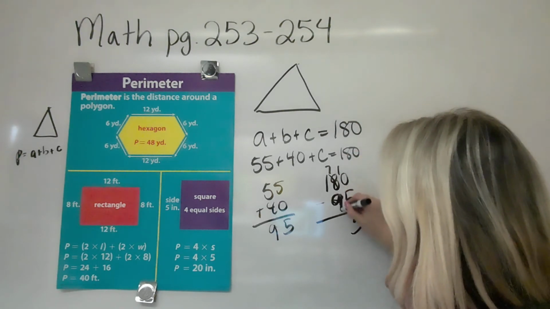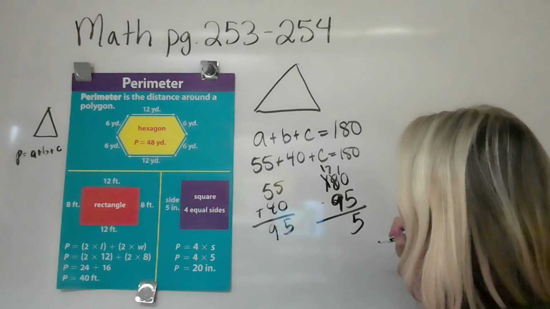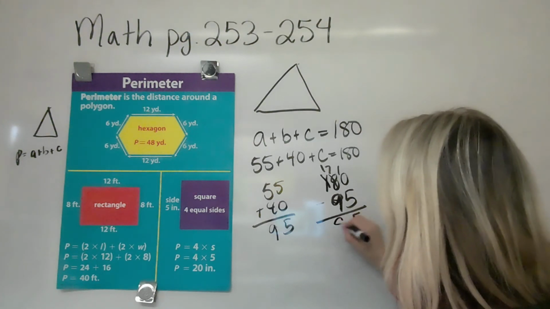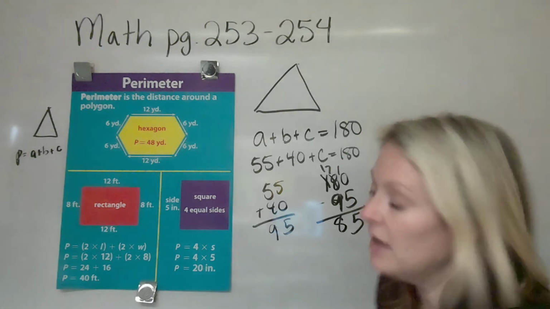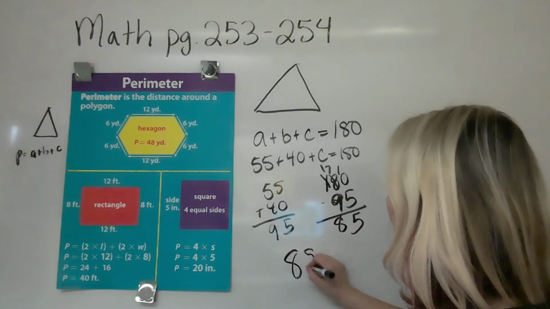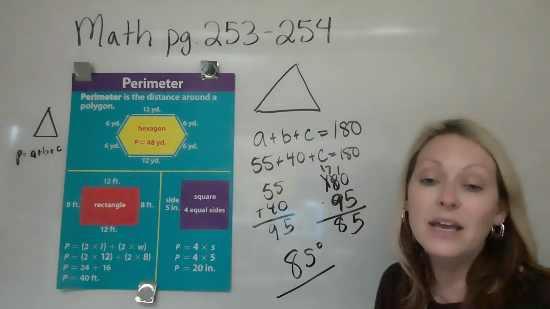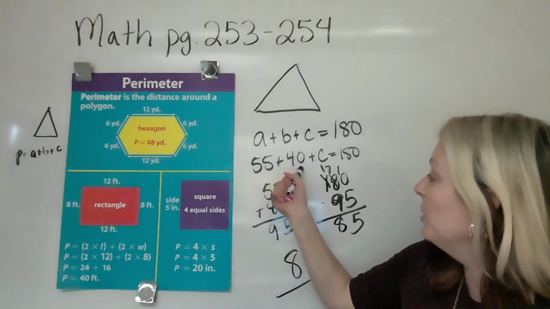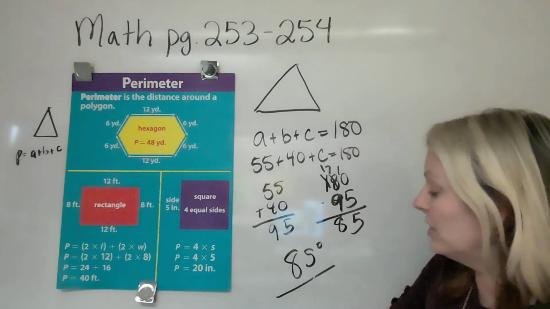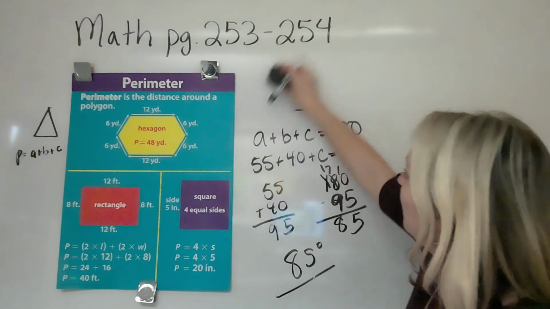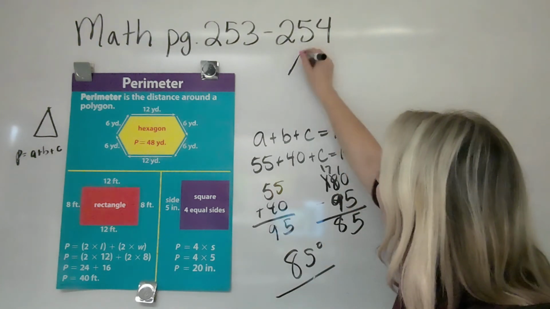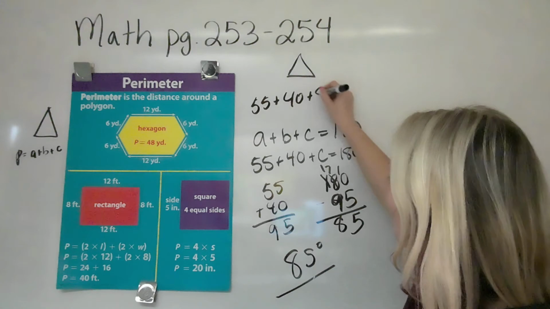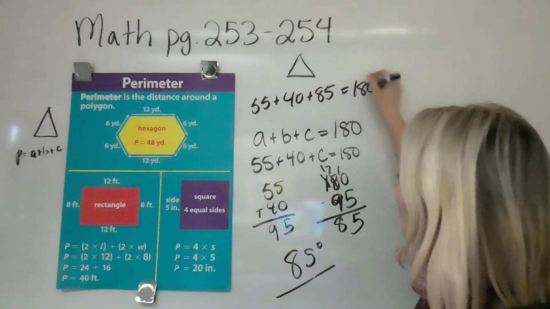This was a 9. Okay, 17 minus 9, so 8. So I should have gotten 85 degrees as the angle I'm trying to find, because 55 plus 40 plus 85 should equal 180. So let's see if that worked. 55 plus 40 plus 85 should equal 180.